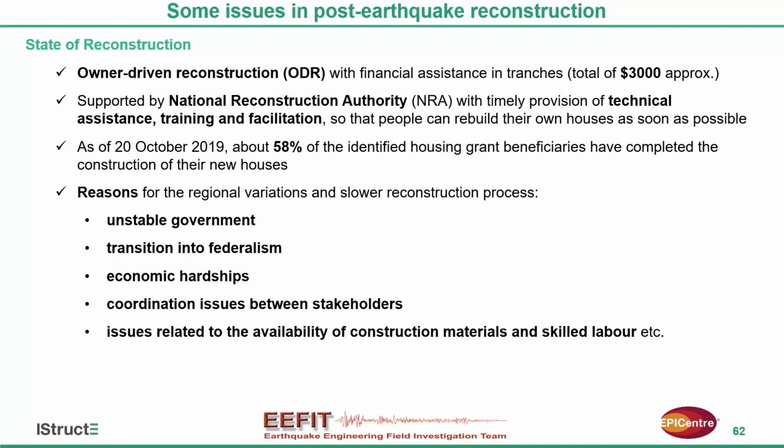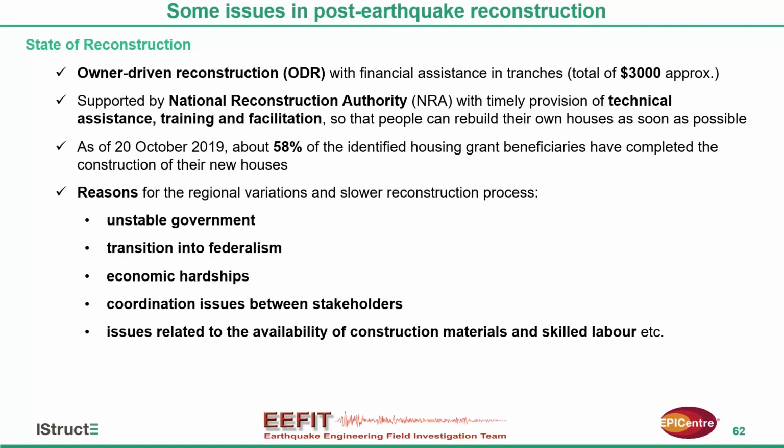And the government is providing technical assistance, mason training, and other facilitations so that people can rebuild their houses as soon as possible. After 4.5 years since the earthquake, about 58% of the beneficiaries have completed the reconstruction of their houses, so another 40% still remains to be completed.